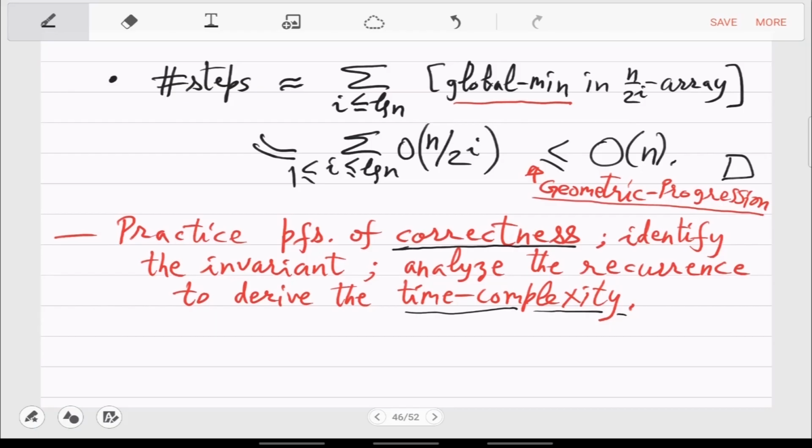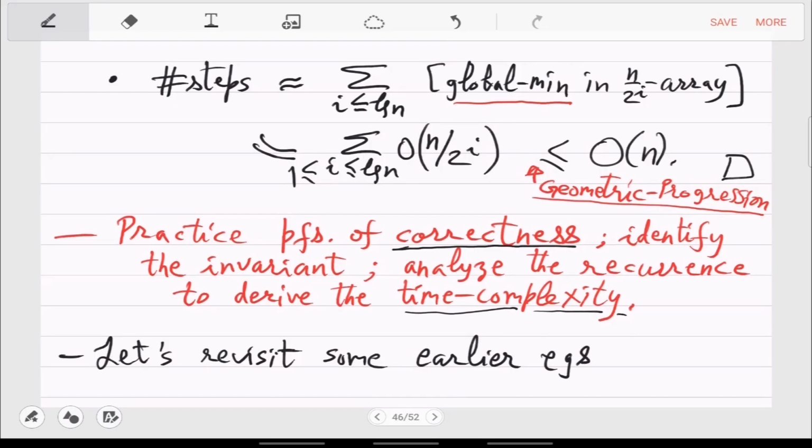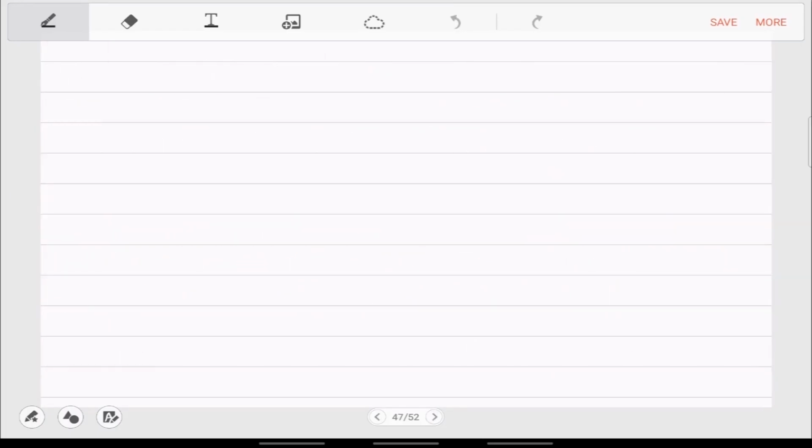So now maybe we can revisit some of the earlier examples. Example 1 was binary search. So we did binary search.